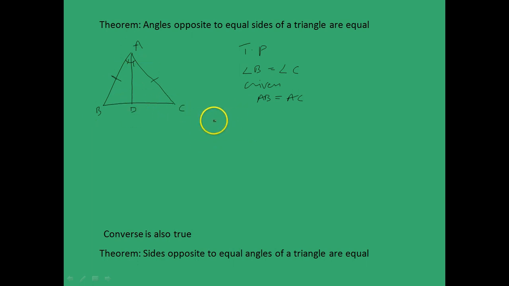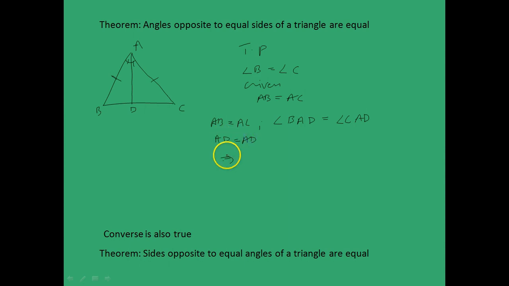Let's write all of this down. AB is equal to AC, which is given. Angle BAD is equal to angle CAD, and trivially AD is equal to AD.